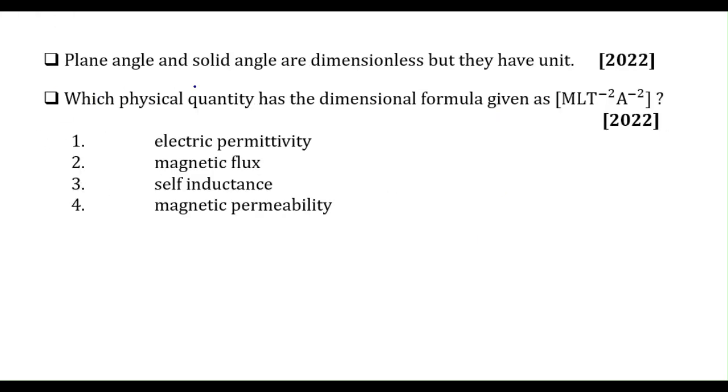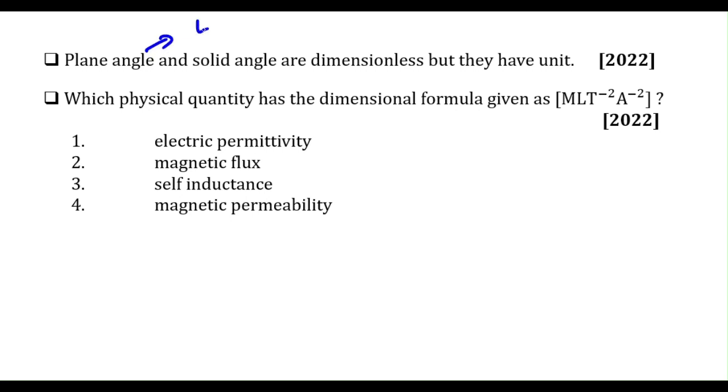Plane angle and solid angle are dimensionless, but they have units. There is a question related to that, where we have to say whether they have dimensions and units, or only units and no dimensions, and this kind of options were there. We have already discussed that these two quantities are nothing but ratios of similar quantities.